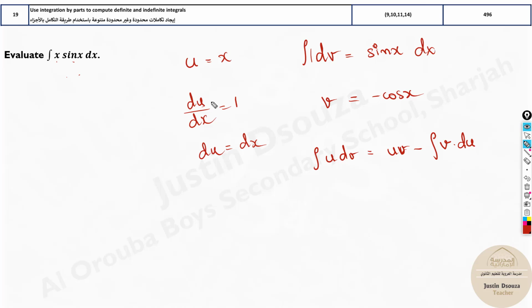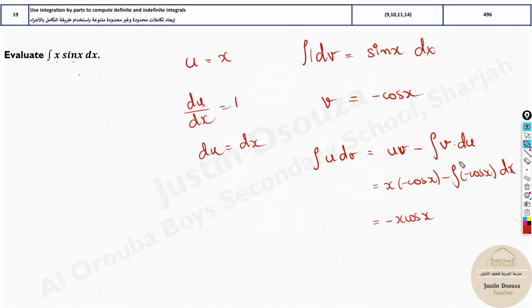Now let's substitute all that we know. u is x. What is v? v is negative cosine x, minus the integral. What is v? Again, the same thing, minus cosine x. What is du? It's dx. Now let's simplify. Here it will be negative x cos x.